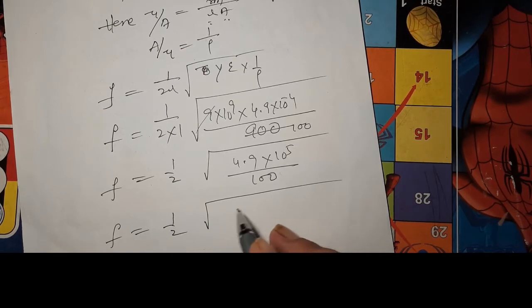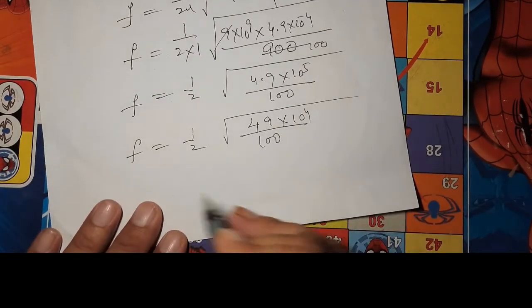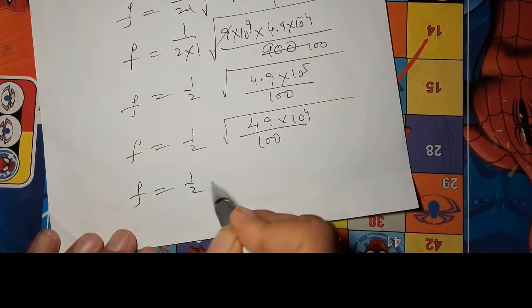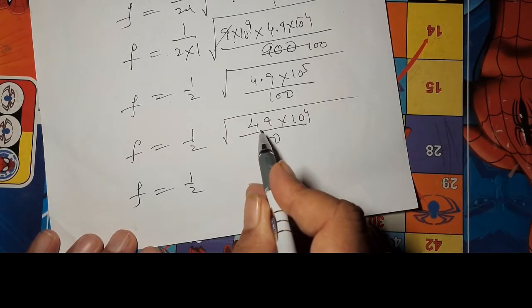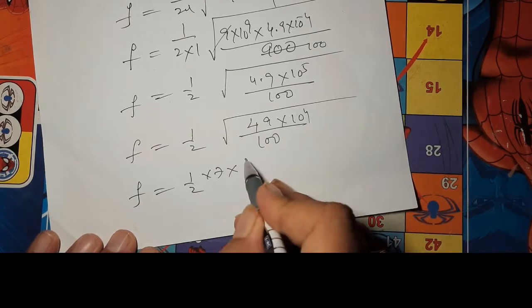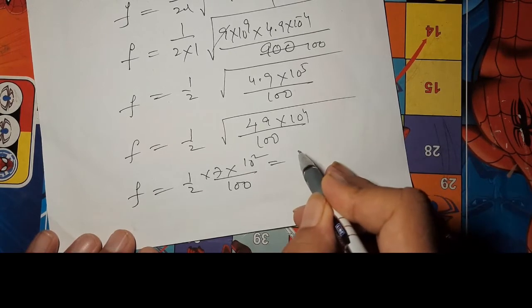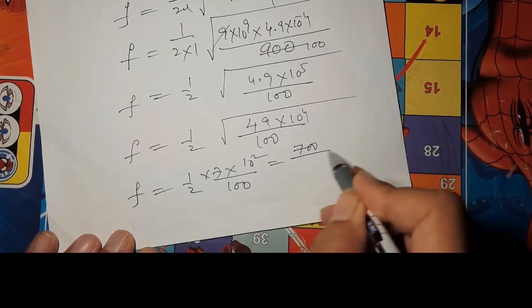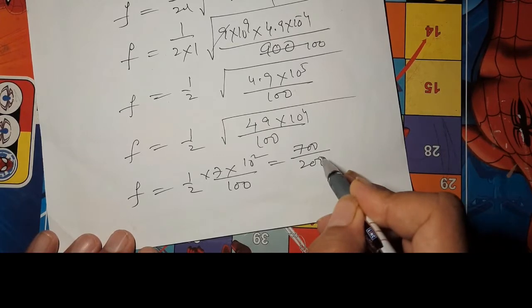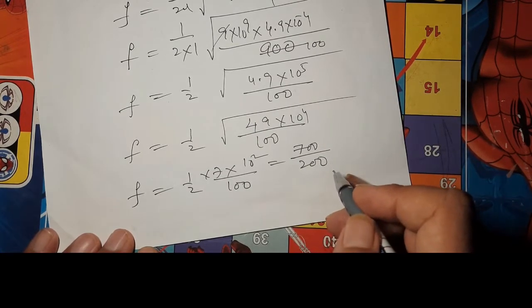This is written as 49 into 10 to the power of 4 divided by 100. 1 by 2 square root of 49 is equal to 7 into 10 square by 100. So, that is equal to 700 by 200.